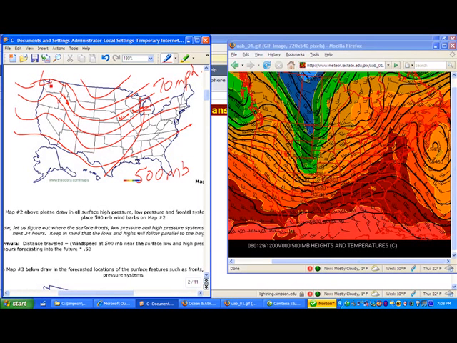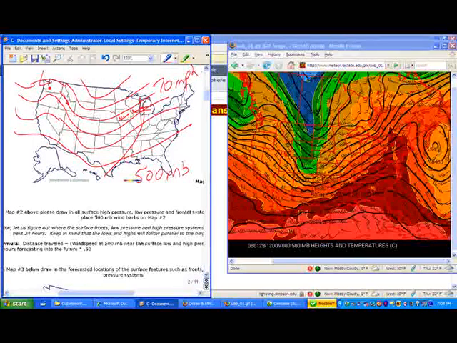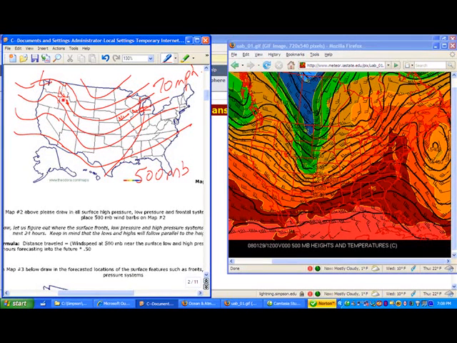And so this low will move about 25 miles per hour over the next 11 hours, which would be 275 miles. So not quite the width of Iowa. So this surface low by tomorrow should be somewhere along here with the trailing cold front. This will be Wednesday, July 30th, when this low pressure system and cold front moves.